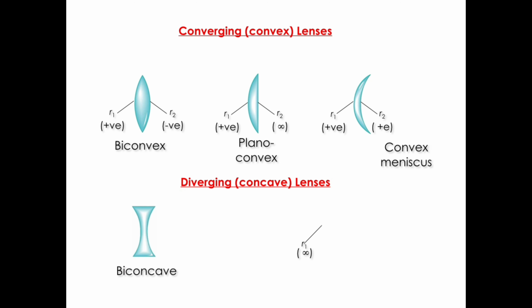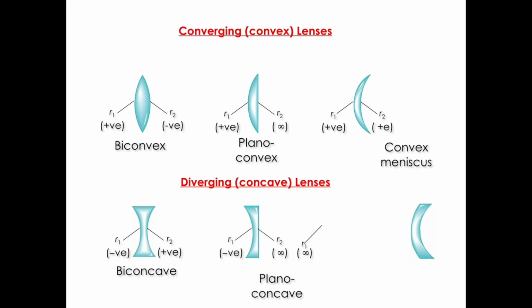So you don't need to remember whether R1 is positive or R2 is negative. Okay, so how do we know whether R1 or R2 is positive or negative? What you need to do is let your eyes be at the left side. And let's look at the first example. The first one is biconvex, where R1 is positive and R2 is negative.